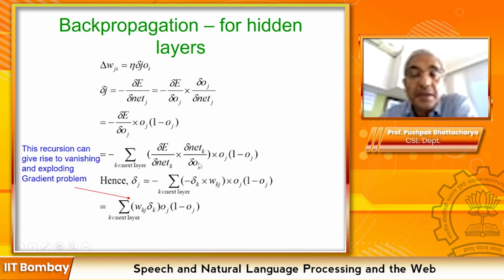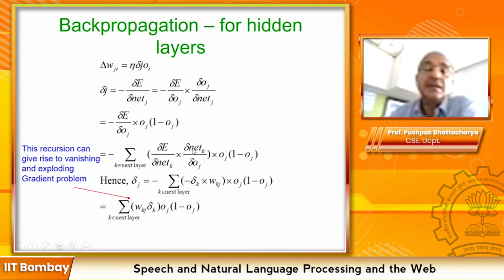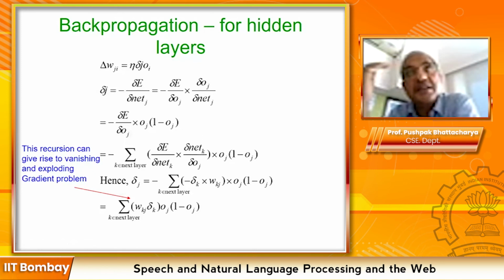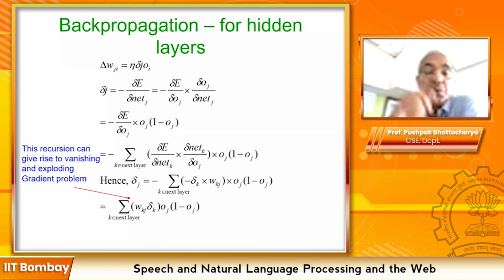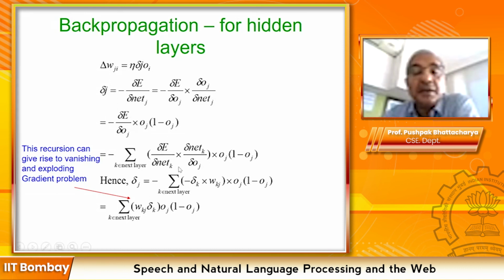So this is the backpropagation rule. I convert delta E delta Oj into delta E delta net k into delta net k delta Oj. What is net k? Net k is the next layer's neuron. The next layer is closer to the outermost layer. So Oj doesn't feed E directly, but Oj feeds the net input in the next higher layer.